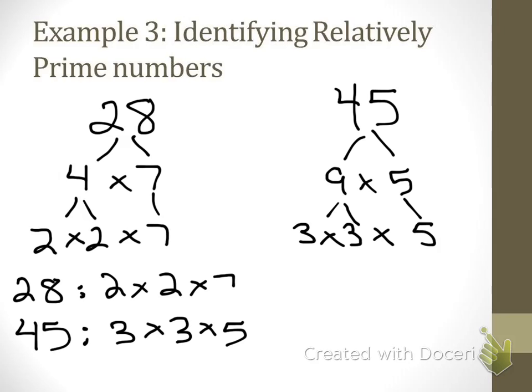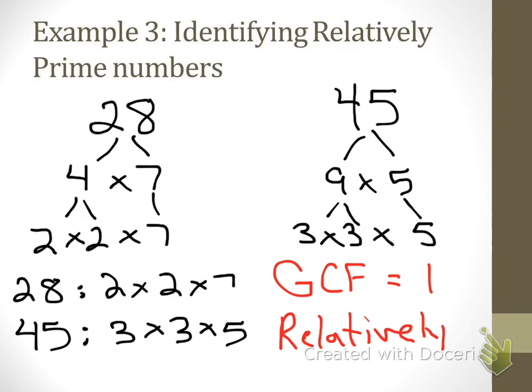They don't share any common factors except what factor? 1. That's the one that we know is understood because 1 is a factor in every number. So when the only common factor is 1, we would say GCF is 1 and the numbers are relatively prime. And that is our answer.